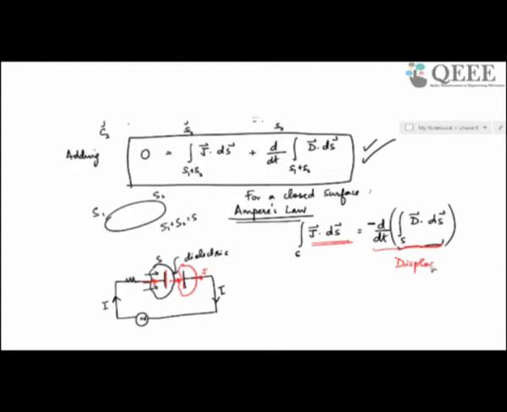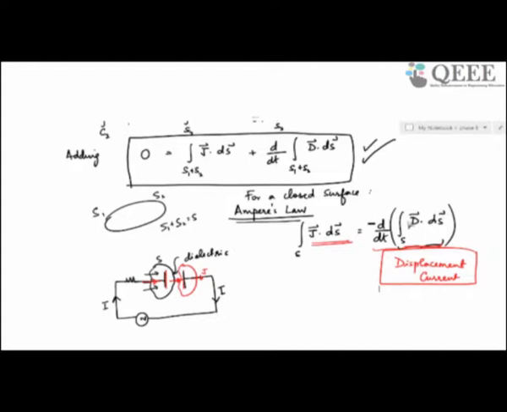This is called the displacement current. You definitely need the help of displacement current to explain how current is continuous in a dielectric medium. Otherwise, we do not have the continuity of electric current in a dielectric medium.